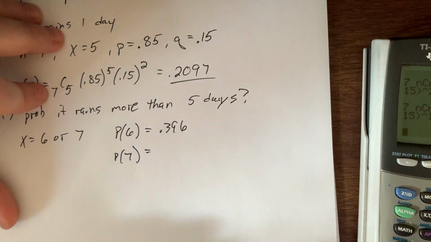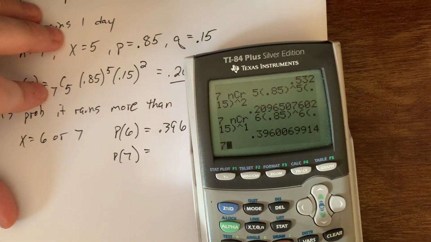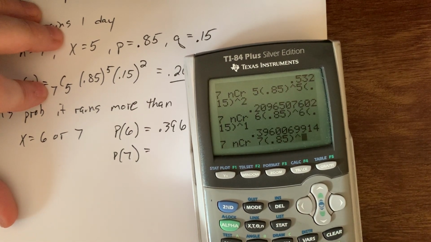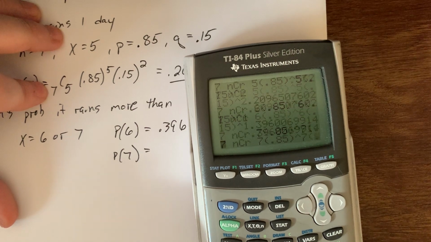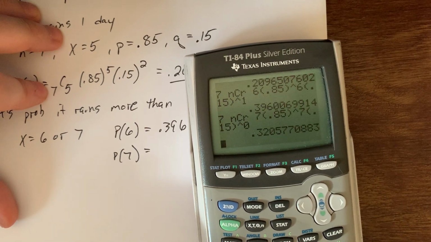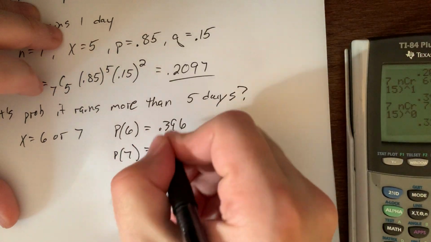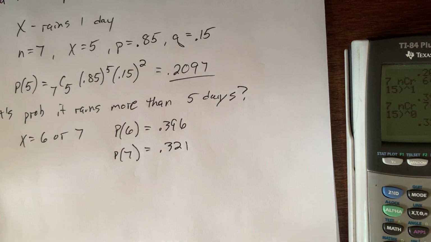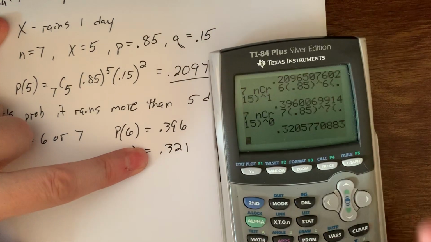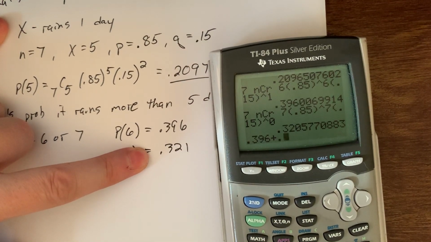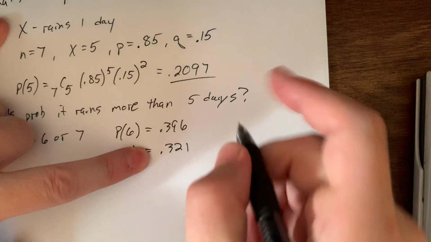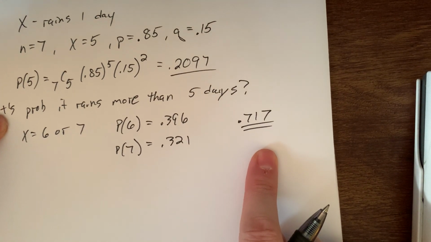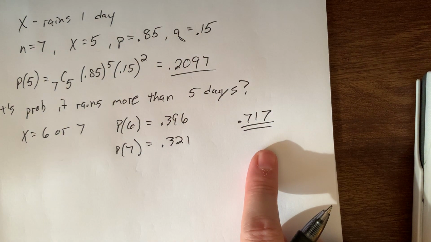And the probability of 7, 7 choose 7, 0.85 to the 7th power, 0.15 to the 0 power. Add these two together. So there's the probability it rains more than 5 days in the next week.